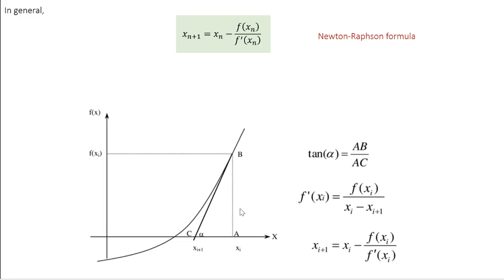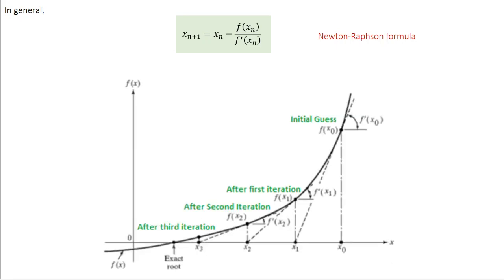So if you want to see it in an iterative mode, this is what you are doing. You have some function for which you need to find the exact solution. From this graph, you can note this is the exact solution, the exact root. Now you start with an initial guess x0, and you find the corresponding point on the graph f of x0, then you find the slope f prime of x0, then you look at the point where the slope intersects the x-axis, that is your new approximation x1.